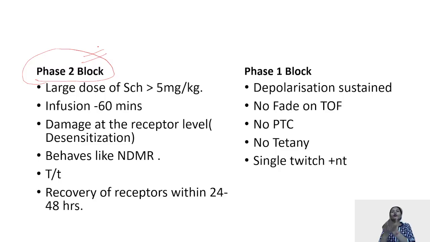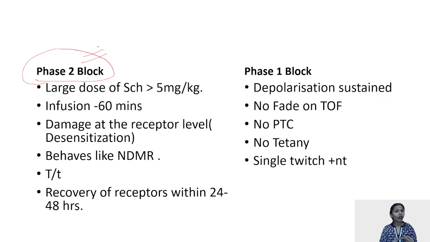And when we talk about the phase 1 block, I've already told you phase 1 block is the depolarization sustained block. Phase 1 block has to be differentiated from the phase 2 block, and this can be done by using your neuromuscular monitoring, because now the phase 2 is going to act in a similar fashion to your non-depolarizing muscle relaxants.